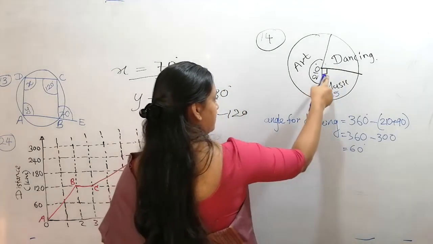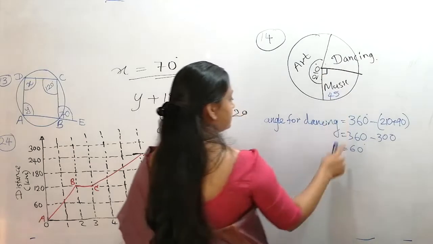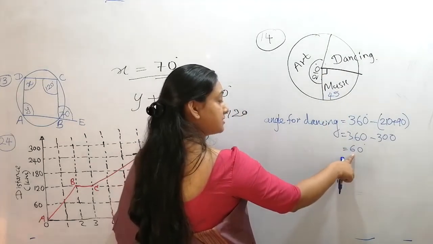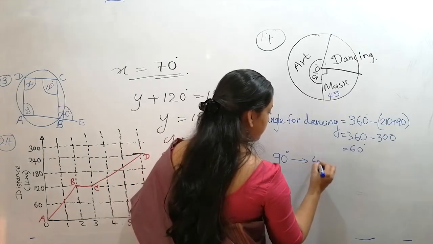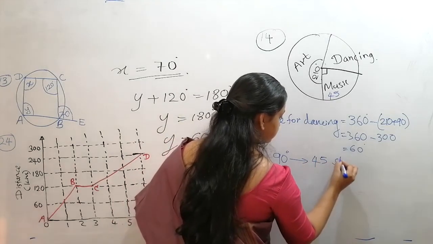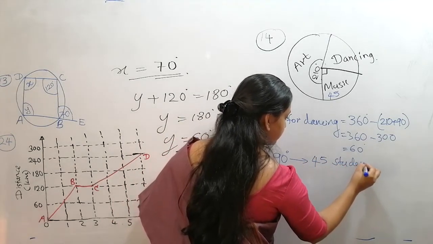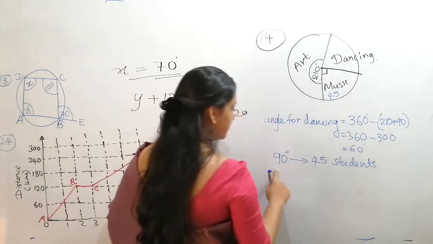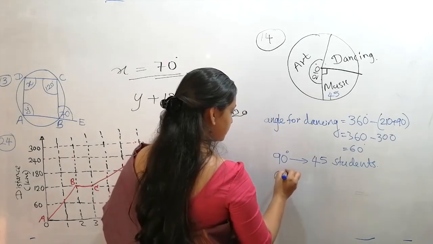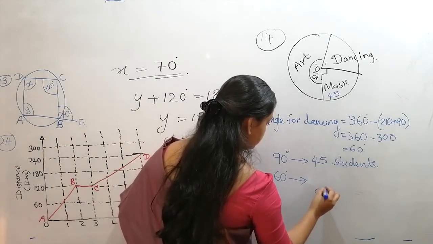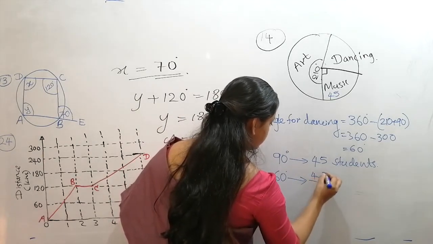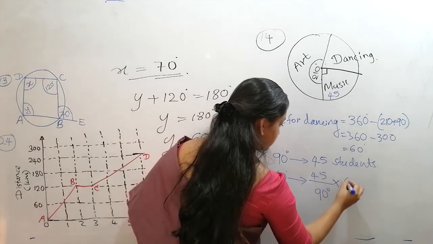Then we can find the number of students represented by 60 degrees. 90 degrees represents 45 students. Then 60 degrees will represent how many students?